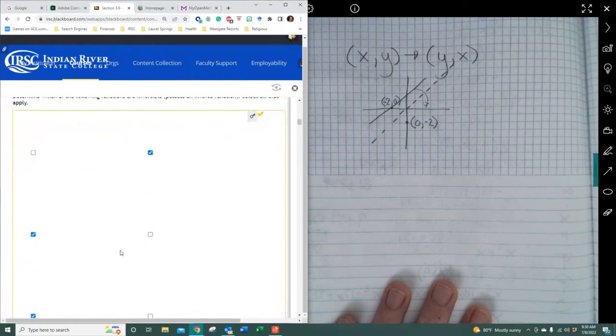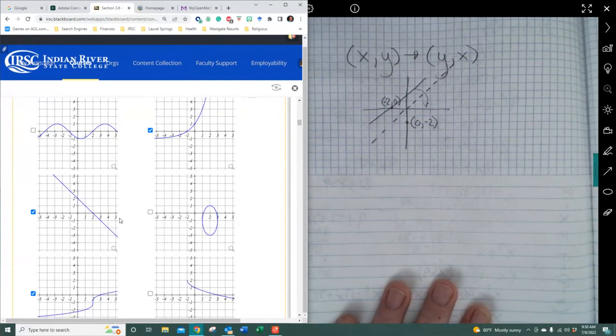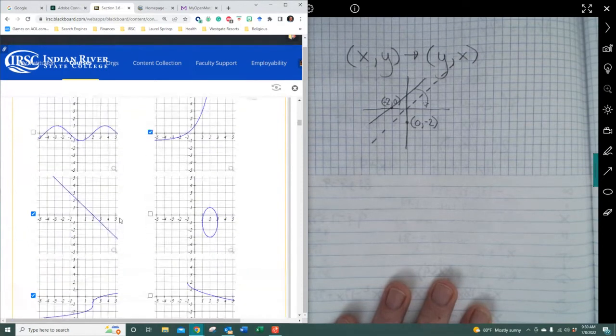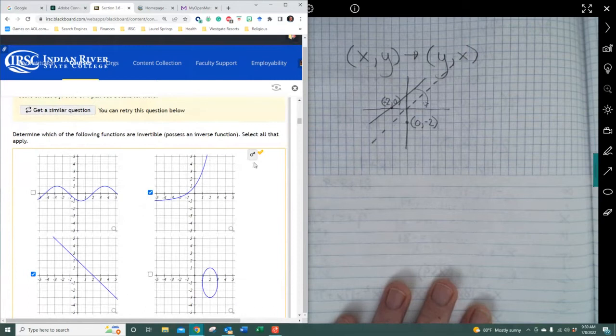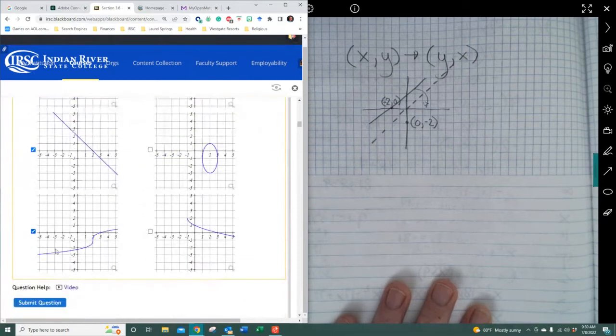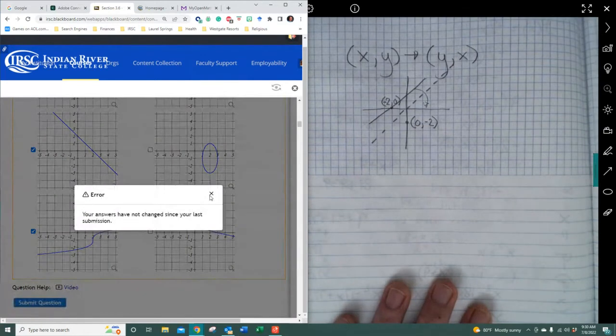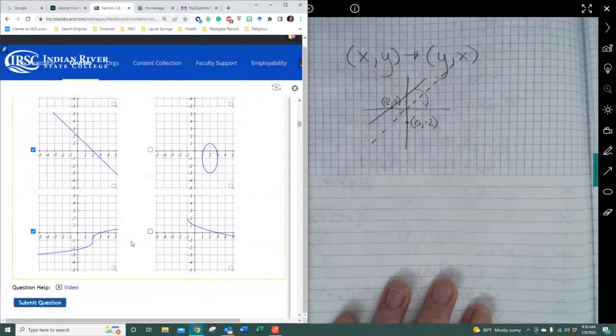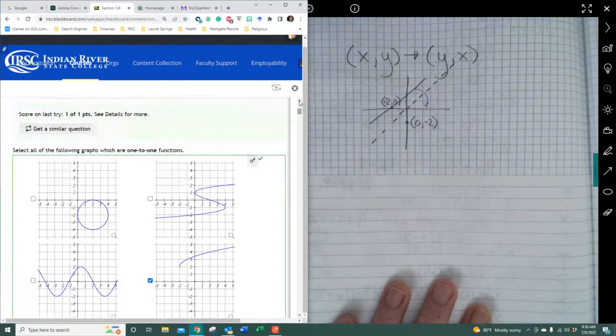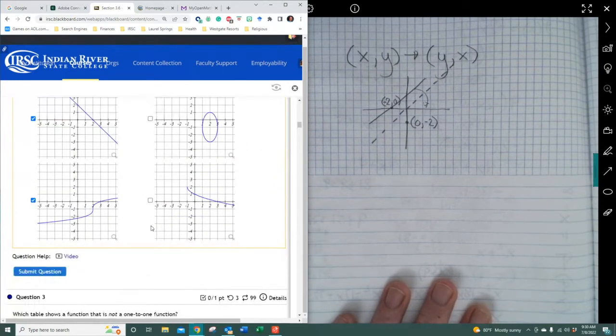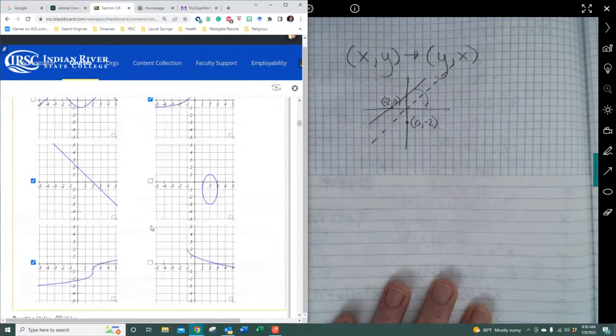Okay, I must have gone too fast, but let me double check. This right here should look good. I'm having errors here. I'm going to quickly show you.